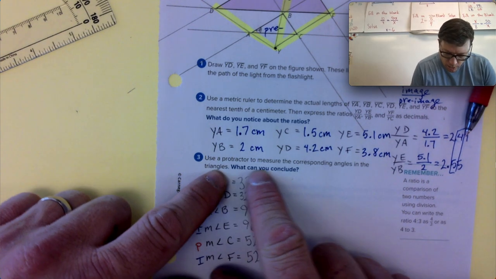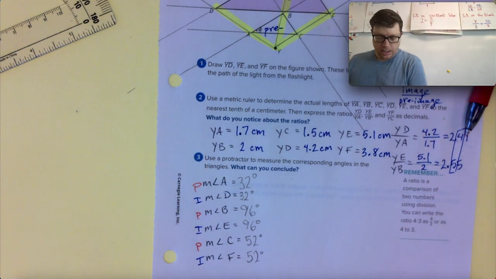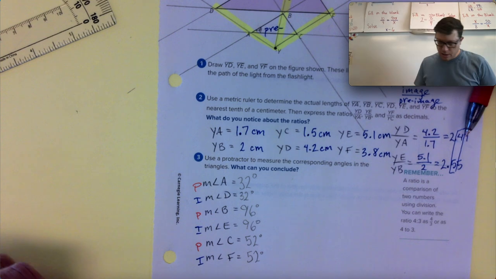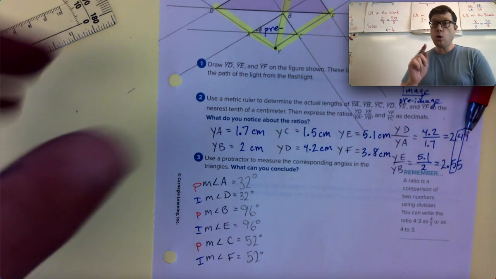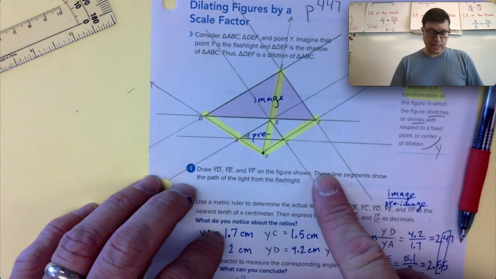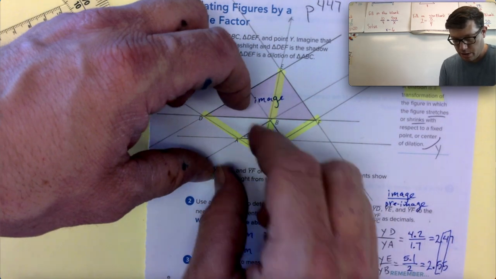We need to write what can you conclude? I guess I said it, but I'm going to see if I can get the sentence that's probably the most directed best one. The corresponding angles are congruent because the measures of the corresponding angles are the same. Corresponding angles is one of our vocab words from when we were talking about parallel lines, and there are parallel lines all over this thing when you start to extend.